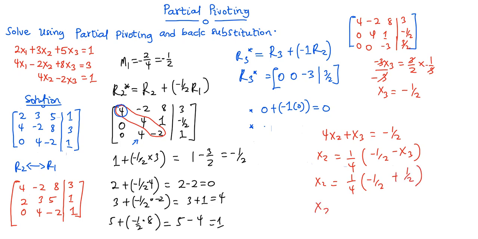So we are going to have x2 equal to 1 over 4 multiplying 0, which will be 0. So our x2 will be 0.